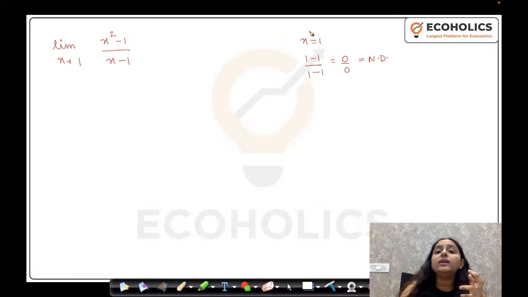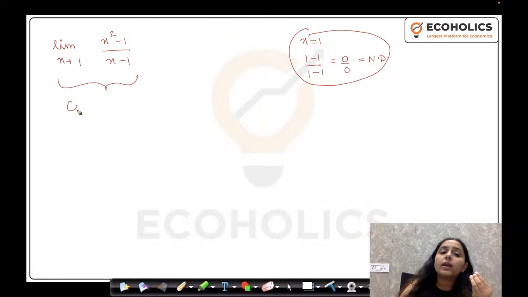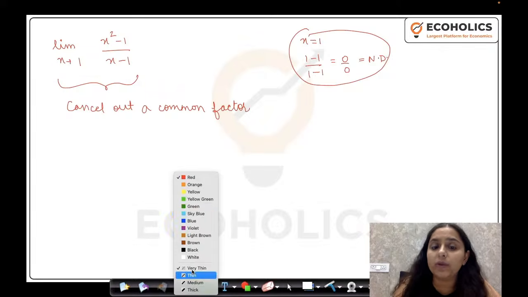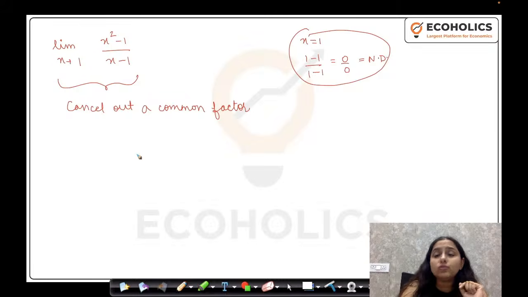The function is not defined at x equals 1. So what do I have to do in this case? I have to cancel out a common factor. Now what that common factor is, I have to see. So first of all I'm going to simplify this limit.